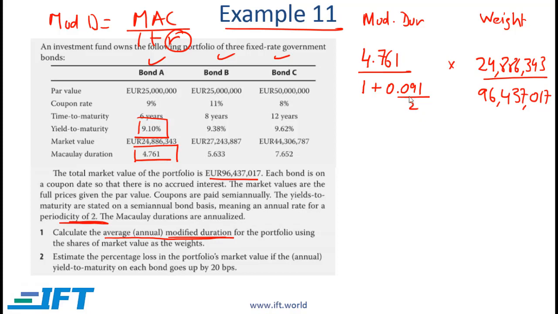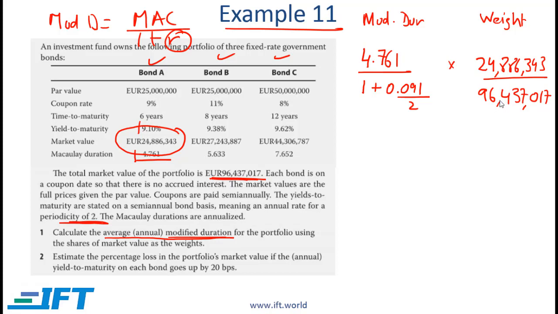The modified duration for bond A then becomes 4.761 from here, divided by 1 plus 0.091 over 2. And then we multiply this by the weight for bond A. For the weight, we take the market value, which is shown right here, divided by the overall market value for the portfolio, which is given here.